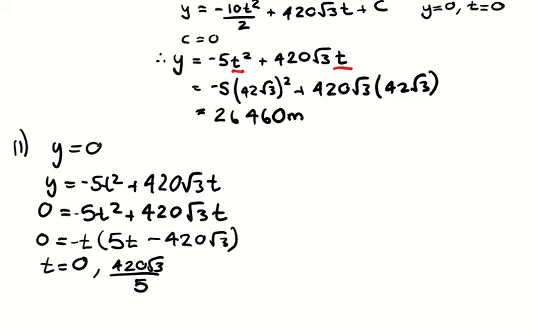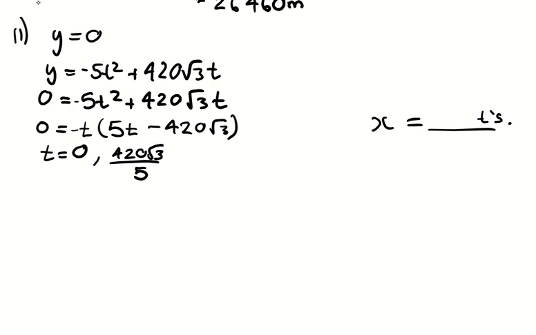But the thing is, they don't want the t value, they want the x value. So now that I have the time that occurs, I need to find an equation that's x equals, all in terms of t's. So I think to myself, okay, how do I find x equals? I remember from the video before that to find x equals, I take the integral of x dot with respect to time.